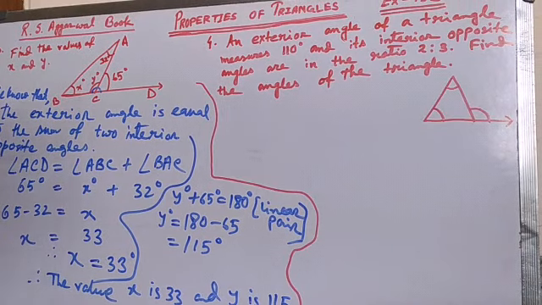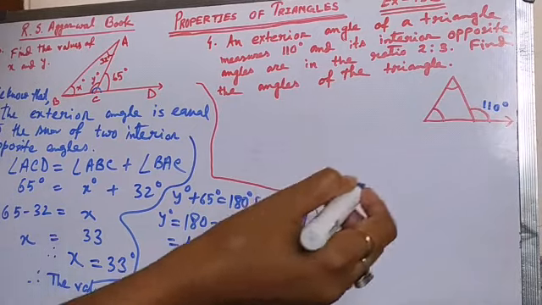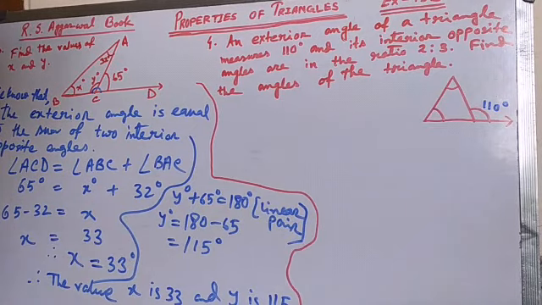Now question number 4. An exterior angle of a triangle measures 110 degree. That means this is 110 degree. And its interior opposite angles are in the ratio 2:3. Find the angles of the triangle.